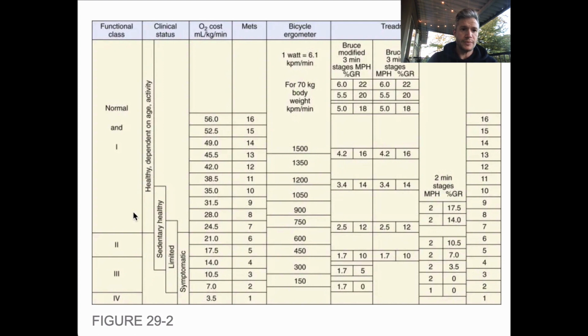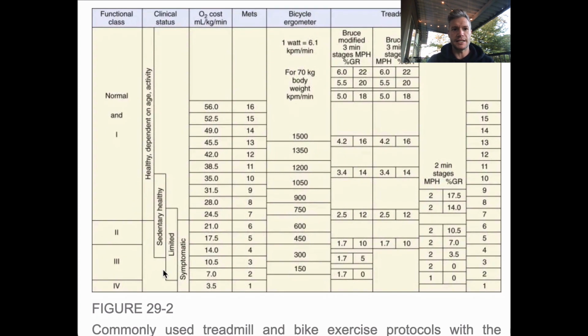Okay. What we see if we look at, this is like a clinical study that was done to look at stress tests in a medical setting. But the idea is they're trying to relate, for example, the oxygen costs, so VO2, for different patient populations, give them a functional medical standing, if you will, standard.